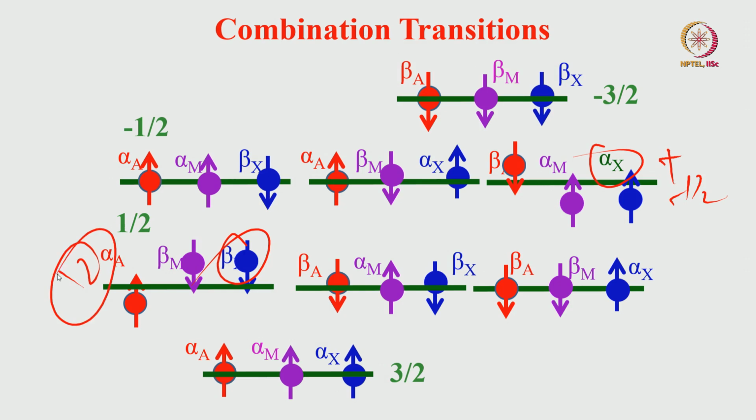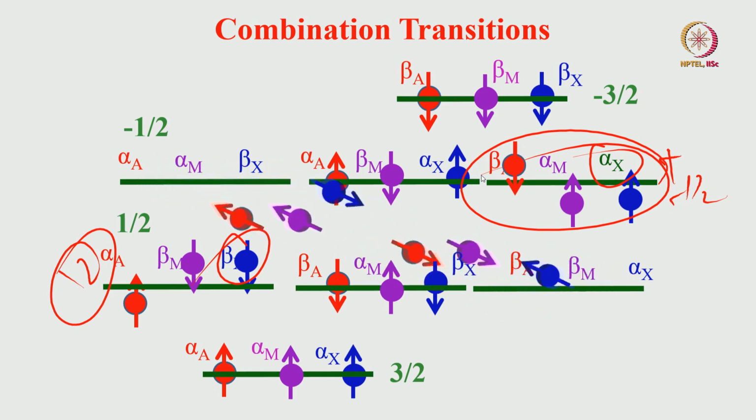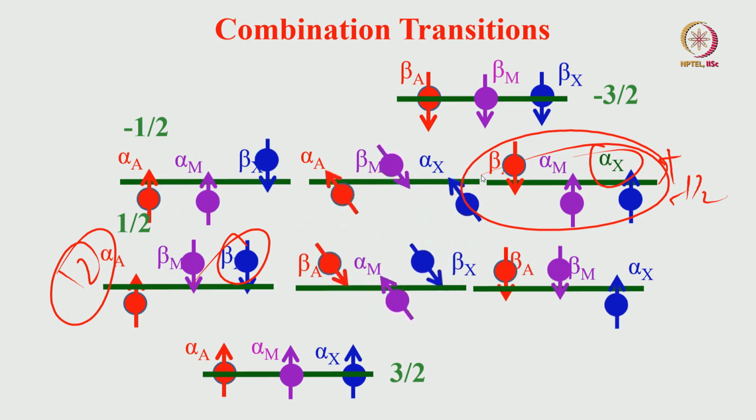Remember, in the previous slide I said only one spin is changing at any time to give a transition, but these are all examples called combination transitions, where multiple spins can flip at a time, but still maintaining the condition that the change in magnetic quantum number between 2 energy states is either plus 1 or minus 1. These are called combination transitions. Here this is allowed, this is also allowed, this is also allowed.